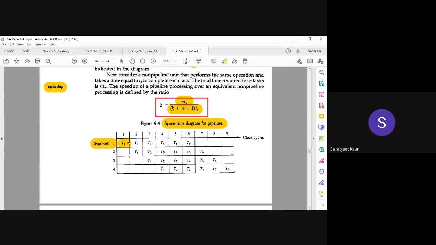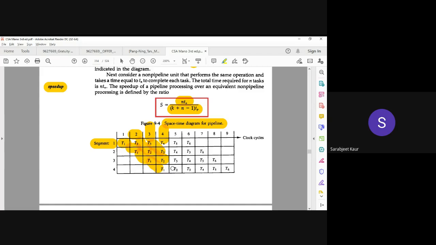Then in the second time cycle, T1 comes here. This becomes empty, we put T2, right? Then in the next time cycle, T1 gets shifted here, T2 gets shifted here, and this becomes free, we put in T3. Then T1, T2 and T3 get shifted, and we add T4 to the new slot.